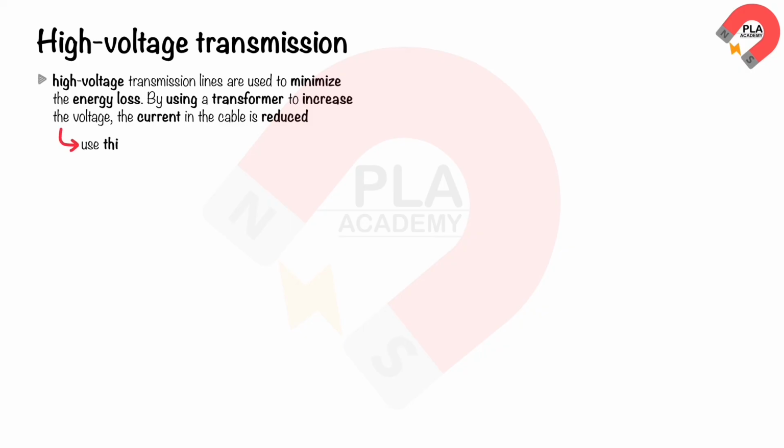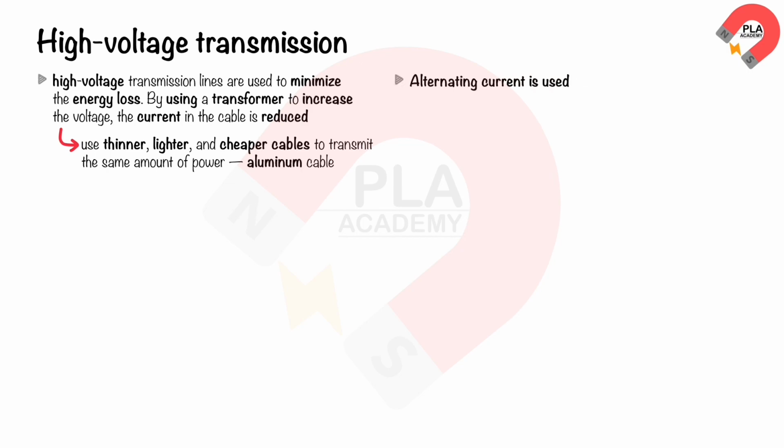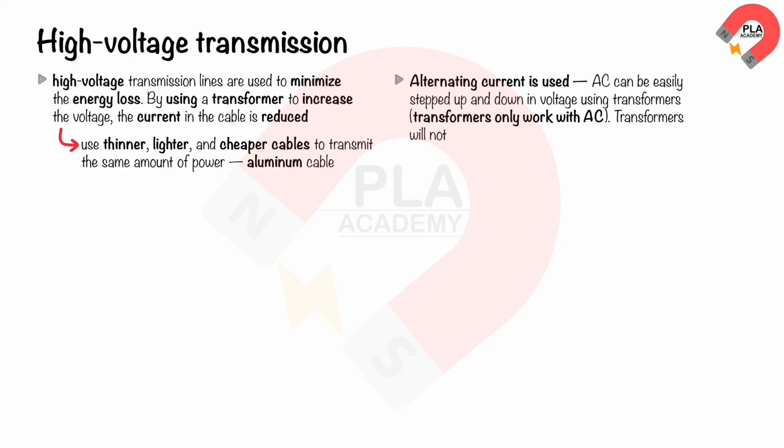This means we can use thinner, lighter, and cheaper cables to transmit the same amount of power, for example, aluminum cable. Alternating current is used for the transmission, because alternating current can be easily stepped up and down in voltage using transformers. This means that transformers only work with AC. Transformers will not work with DC.